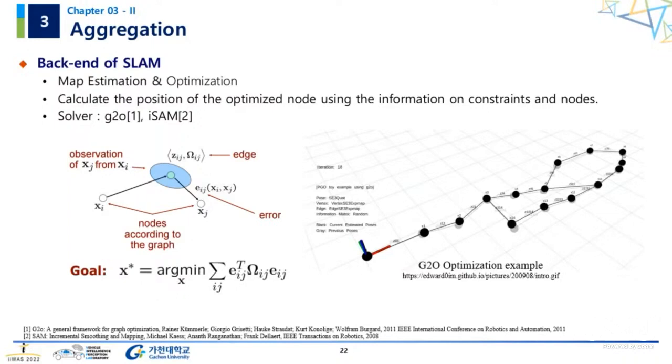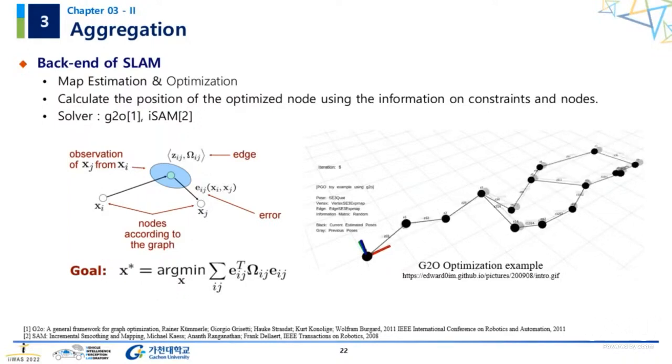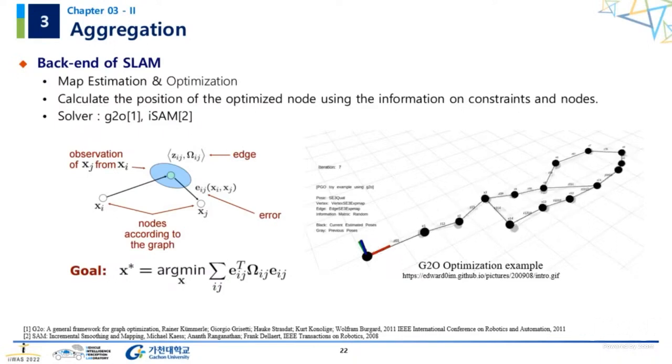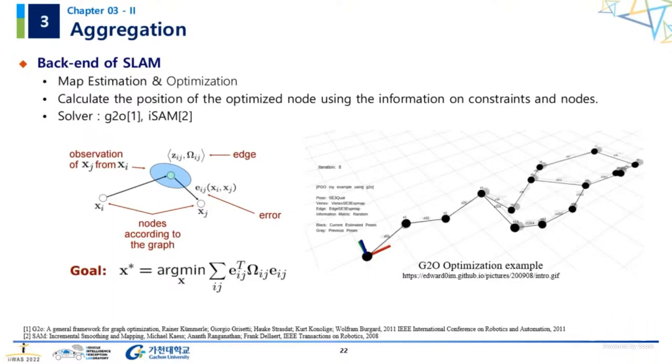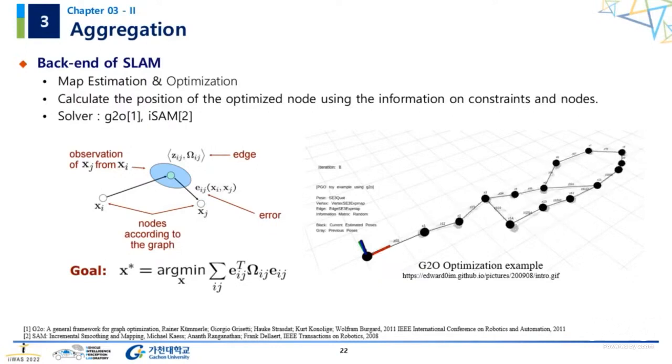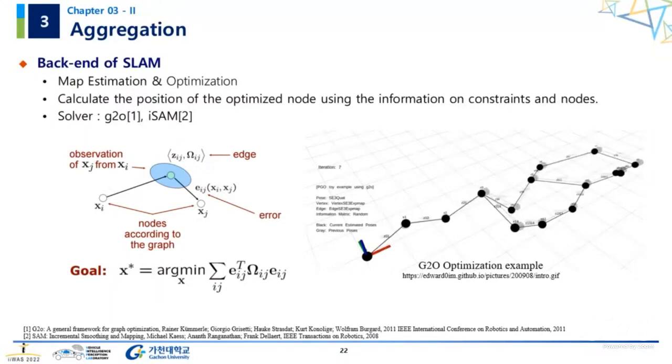Zij is the position of Xj measured using the sensor at the point of Xi. The difference between the positions of nodes measured by the sensor and the positions on the current graph is expressed as error Eij. Graph optimization is the process of minimizing this error.